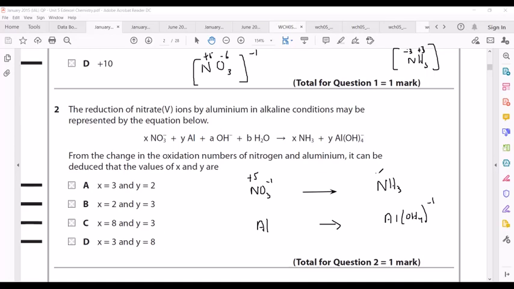So basically it is converting into minus 3. How many electrons should it gain to convert from plus 5 to minus 3?